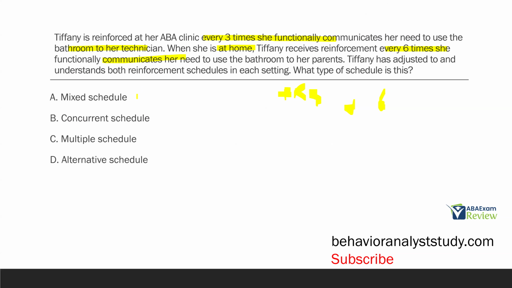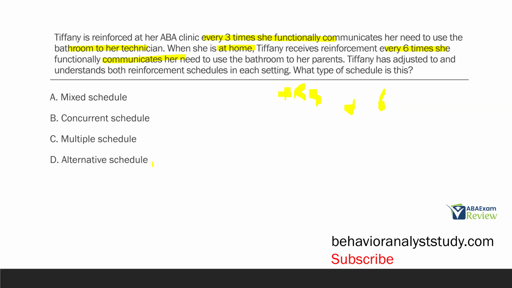Well, it is a mixed schedule, but it's also a multiple schedule. It's not a concurrent schedule, because concurrent schedules are 2 schedules operating simultaneously, offering choice. Tiffany doesn't really have choice here because she's either at the clinic or at home. And it's not an alternative schedule. An alternative schedule features a ratio and interval schedule. You must complete one or the other.